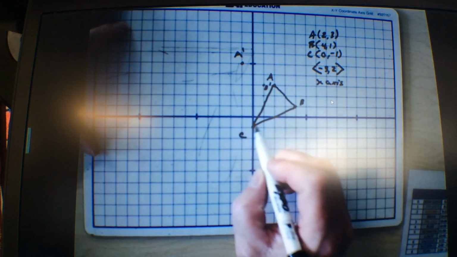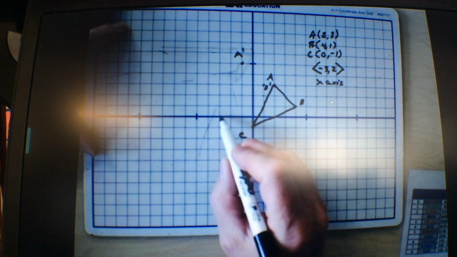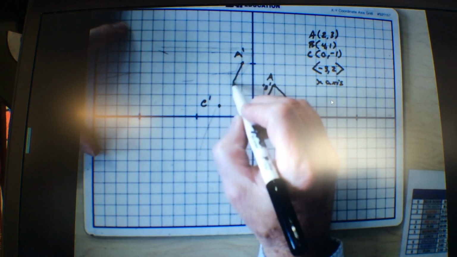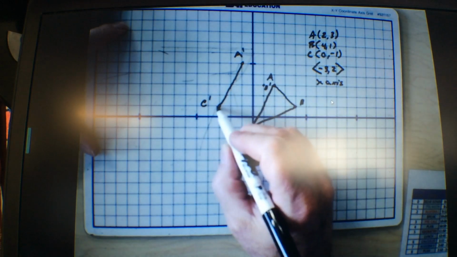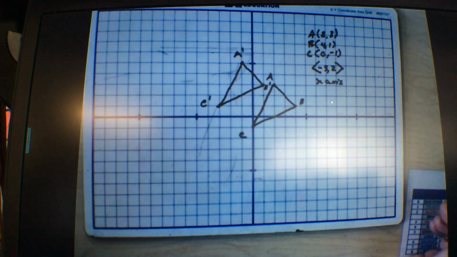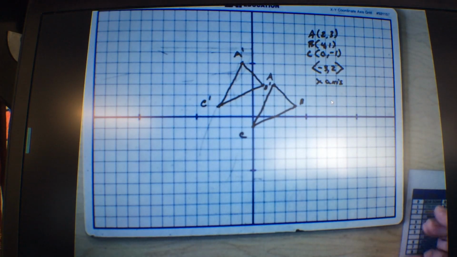And then C prime is 1, 2, 3, 1, 2. Are there any questions about that? You don't have to use a straight edge right now, but please use a straight edge on your homework. Okay. Do we see that?